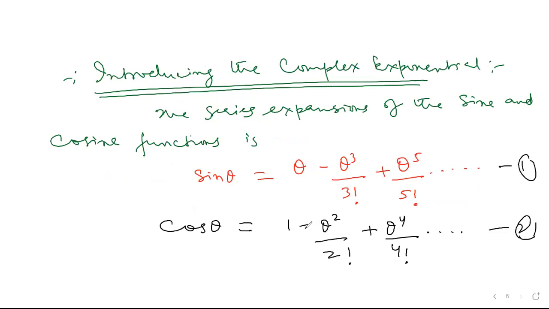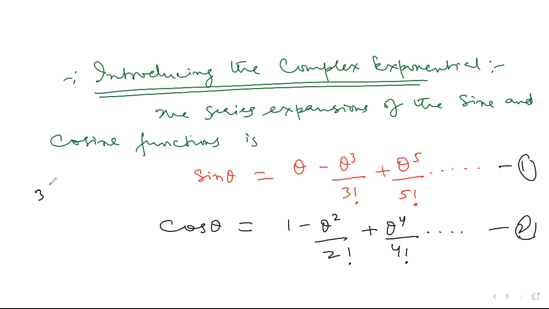In case of cos, we have 1 minus theta square by 2 factorial, then plus theta raised to 4 by 4 factorial. Next term will be minus theta raised to 6 by 6 factorial and so on. So in case of cos, there are only even powers of theta and even factorials in the denominator, right?